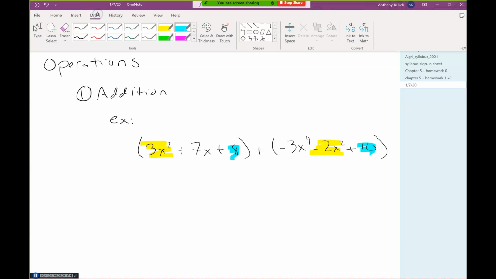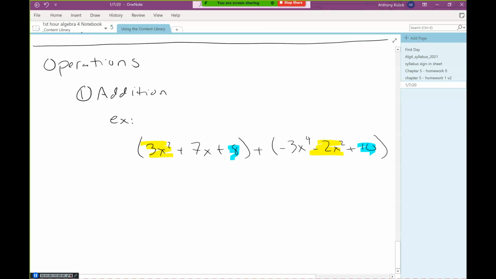When we add two monomials together, we add their coefficients, but the variable part stays the same. So 3x squared plus negative 2x squared is just going to be 1x squared. And then the 7x doesn't have anything to combine with, so it's just going to stay the same.